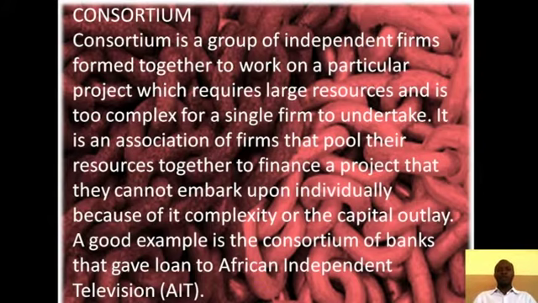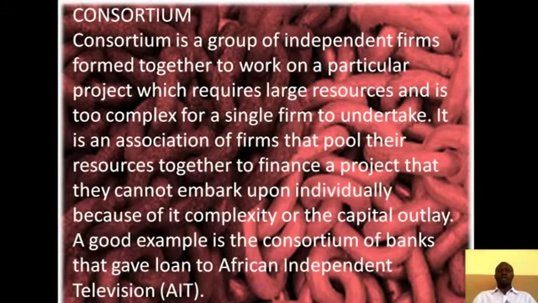Now different firms will come together to see how a complex project can be executed. An example we have here is that of AIT, where we have different banks coming together to see how they can raise a loan or give a loan to African Independent Television.